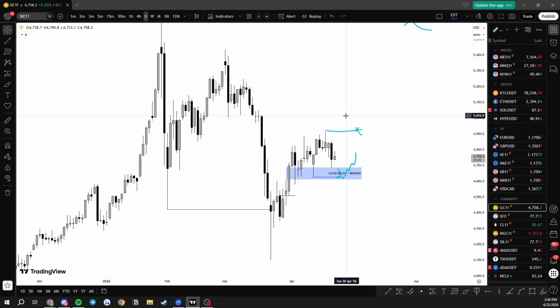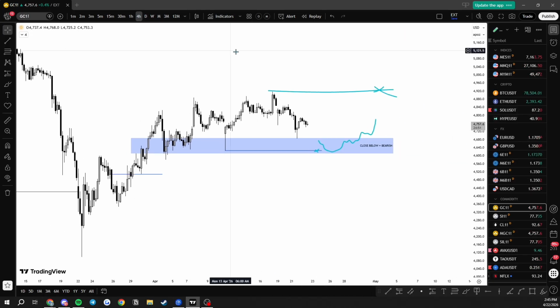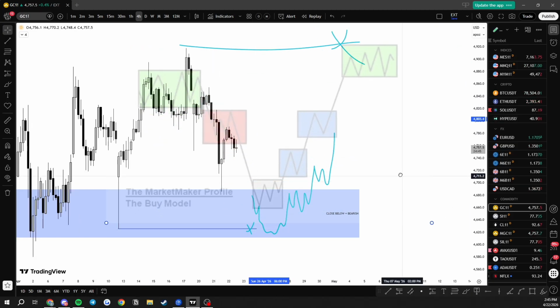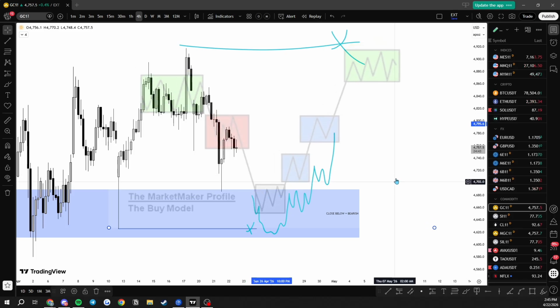Either we sweep the high, then we go for the low, then we start to get bullish, start looking for entries, or we sweep the lows and then we start to get bullish. So let's see what happens there, because so far we're continuing to retrace lower. And I would expect something like this, right? Something like that.